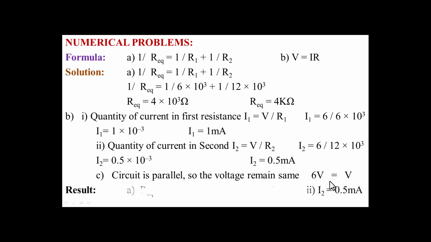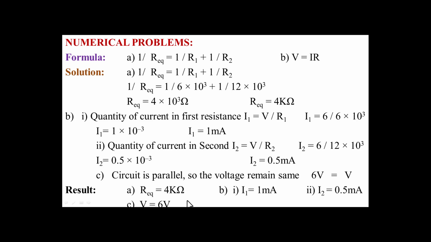Then the result of the answer: in A part R equivalent is equal to 4 kilo ohm. In B part I1 is equal to 1 milliampere, I2 is equal to 0.5 milliampere, and in C part voltage V is equal to 6 volt.